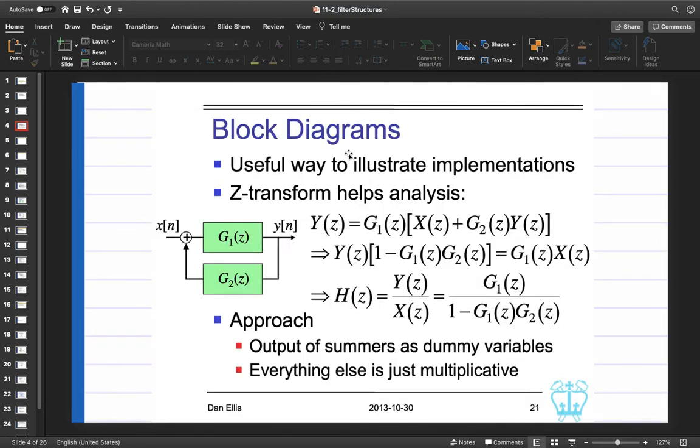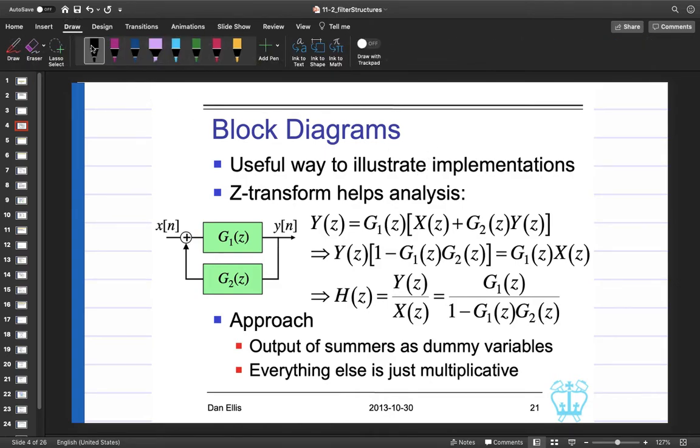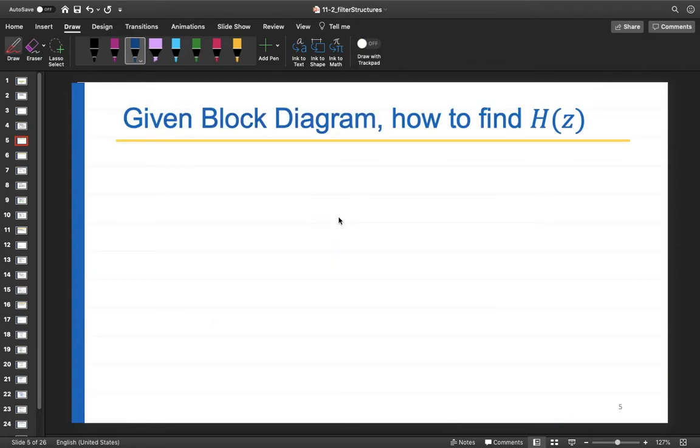So what are block diagrams? They are a useful way to illustrate implementations. Okay, so you have some H(z), and given an H(z), how do you find the block diagram representation? Let's say my H(z) is given.